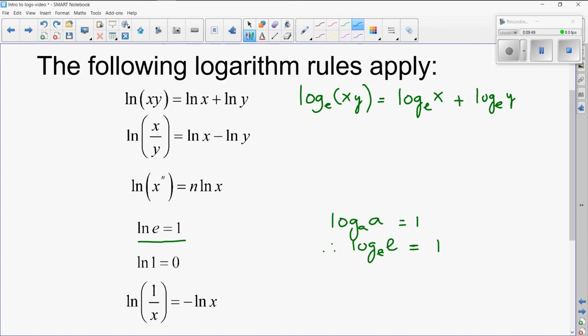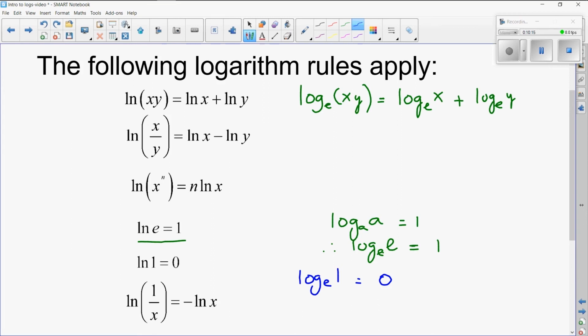Also, it states here that ln of 1 equals 0. The reason why is that the log of 1 to any base has a value of 0. So whether your base is e, or 10, or 2, it doesn't matter what your base is, the log of 1 to that base will always equal 0.